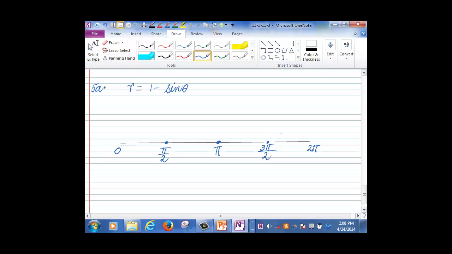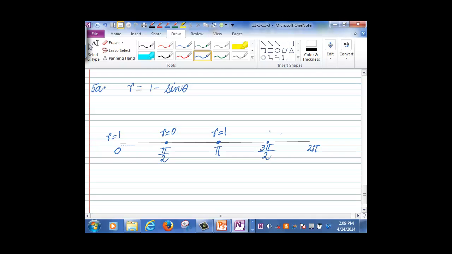What's the value of r when θ is 0? 1. What's the value of r when θ is π/2? Sine π/2 is 1, so this is 0. When θ is π, 1.